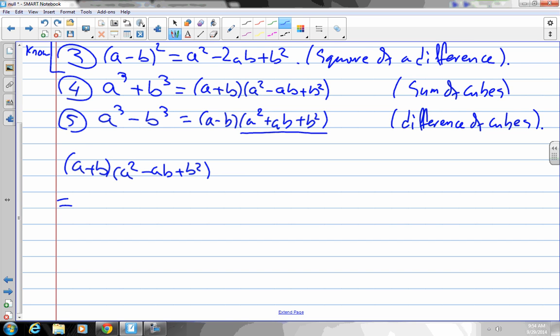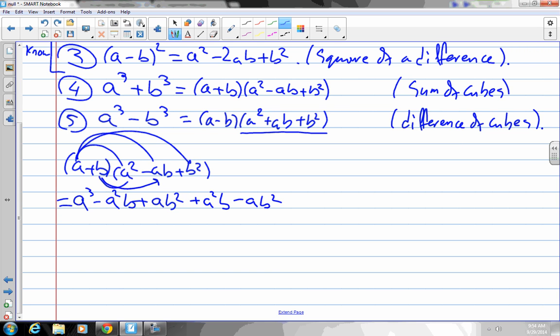So if I do that, a times a squared is a cubed. A times negative ab is negative a squared b. A times b squared is positive ab squared. Right? And then you multiply by b. B times a squared is positive a squared b. B times negative ab is negative ab squared. And then positive b times b squared is positive b cubed.